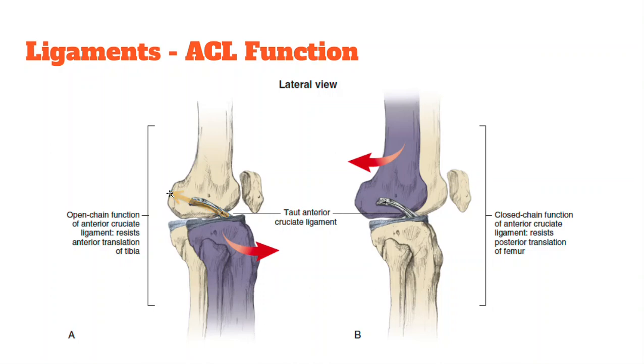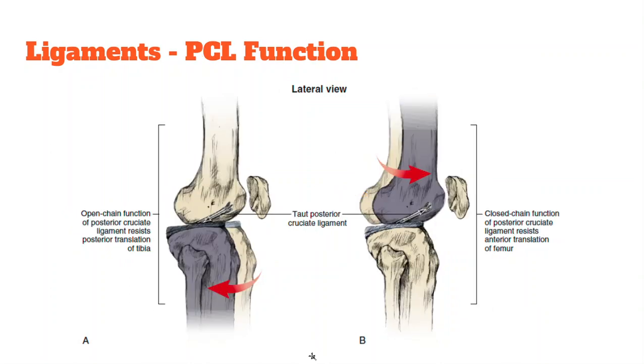Your hamstring muscle group helps out with that posterior translation of the tibia as well. Closed chain function, the anterior cruciate resists posterior translation of the femur. So for open chain, you're talking about the distal segment. Closed chain, you're talking about the proximal segment.